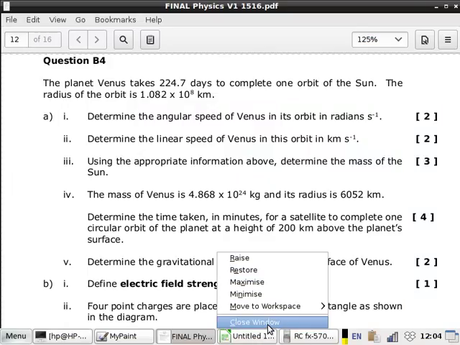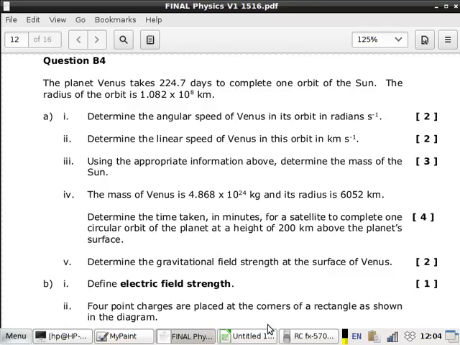Well, I think the first one is actually not too bad. It's a bit of Kepler, is it? Can never remember Kepler's formula.